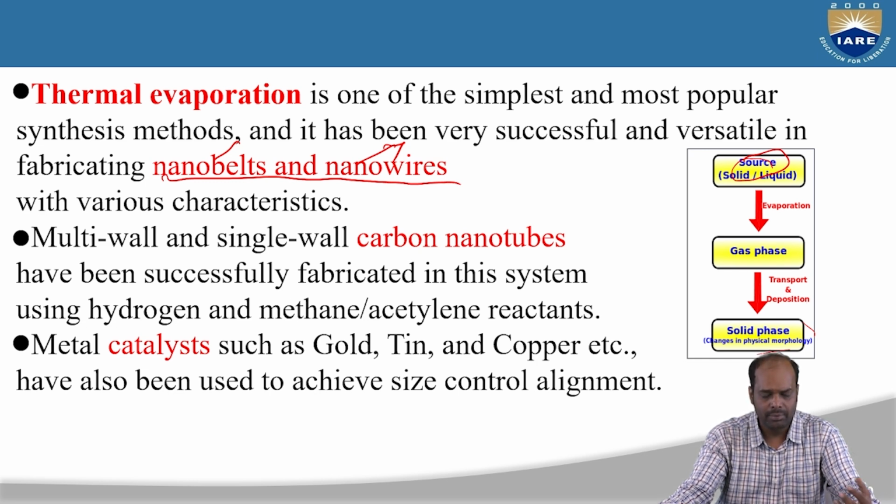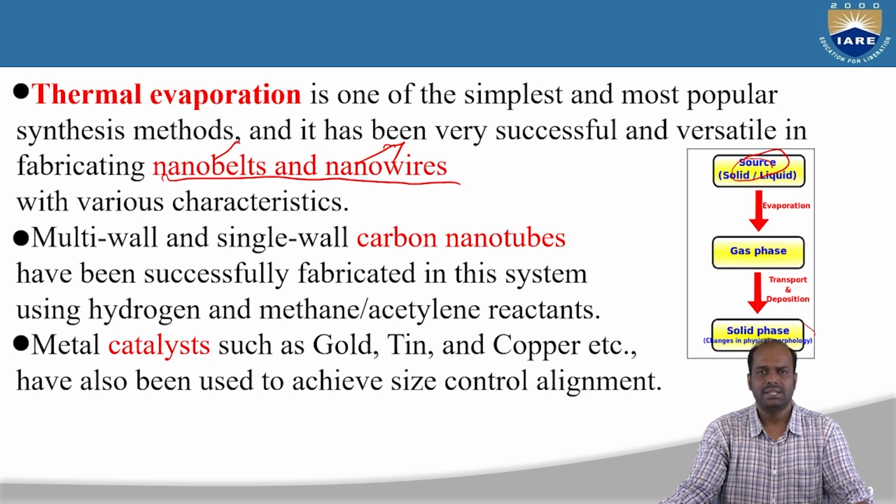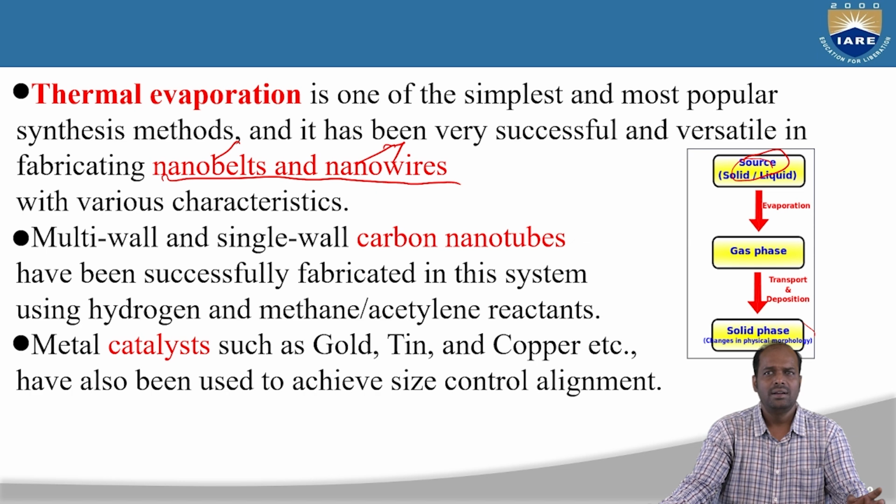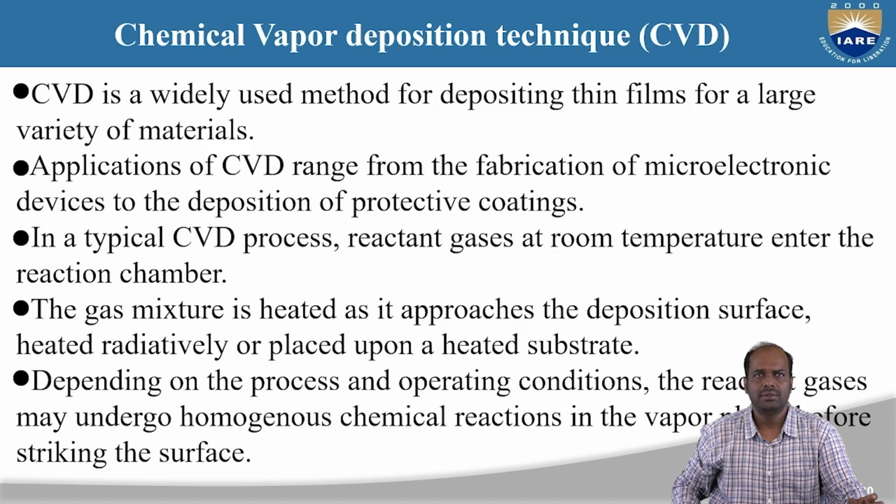They are fabricated by passing hydrogen gas and methane or ethylene reactants, due to which the nanotubes can form. Metal catalysts such as gold, tin, and copper have also been used to achieve size control and alignment.